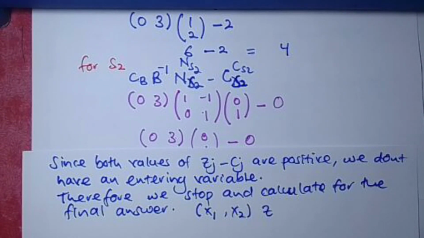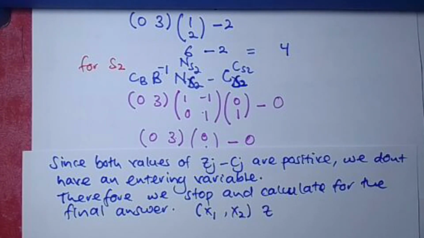Now, how do we calculate for the values of x1 and x2? The method is simple. Sorry, I got a little bit caught up with something, but the method is going to be simple.